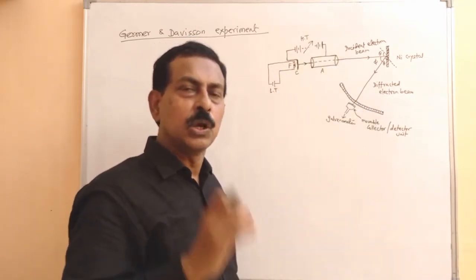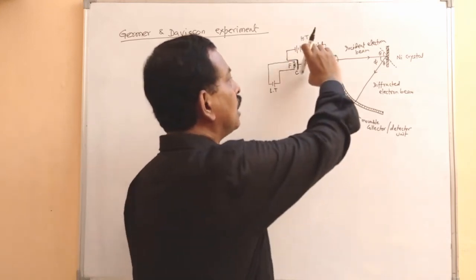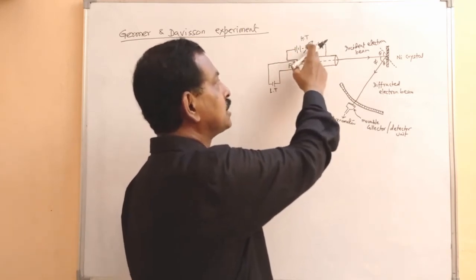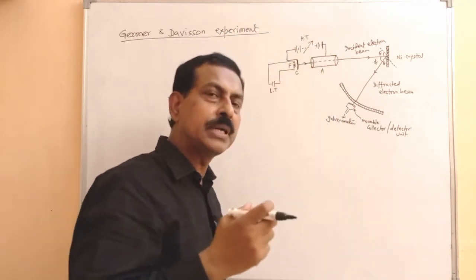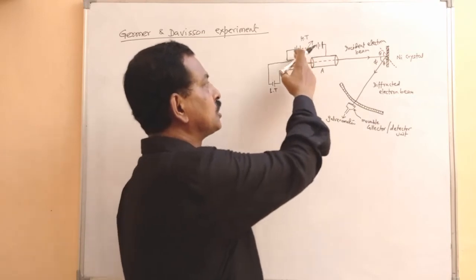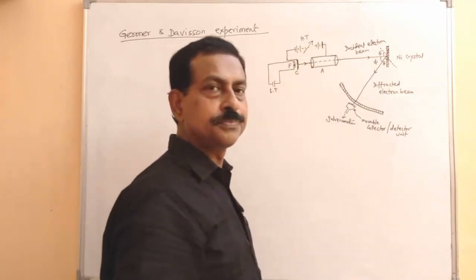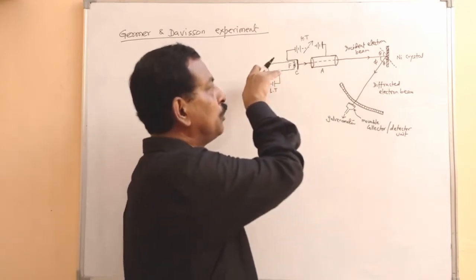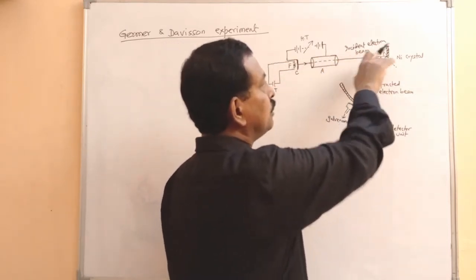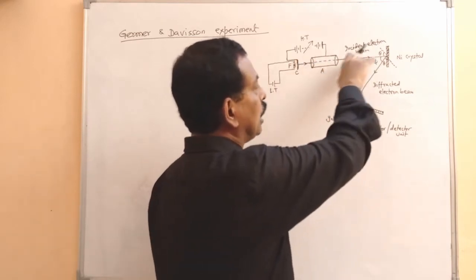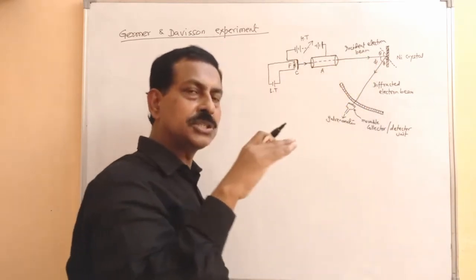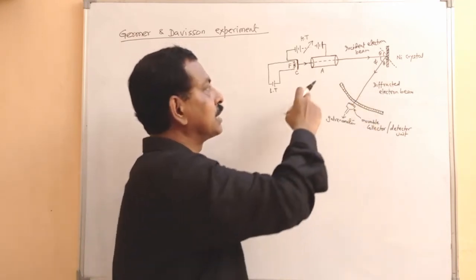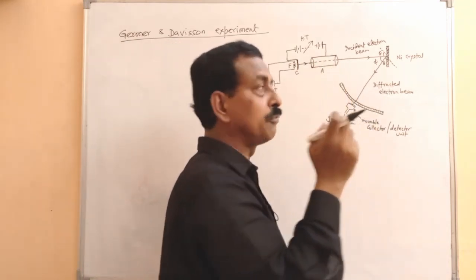So we use a cylindrical anode, connected to a high tension which is variable. That means depending upon our requirement, we change the potential difference between the two. Due to this cylindrical anode, a beam of electrons comes out, because it concentrates the electrons. They move along its axis and come out with a particular velocity.